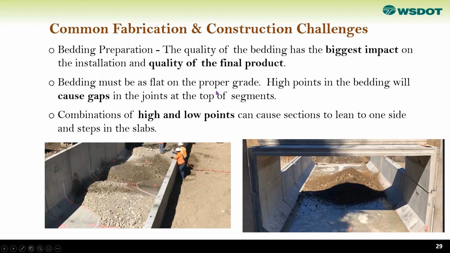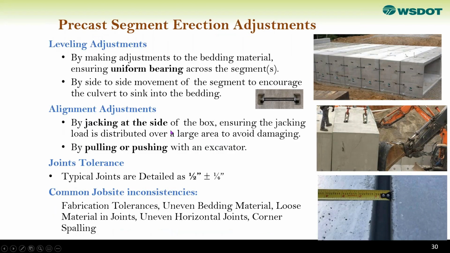Bedding must be flat at the proper grade. High points in the bedding cause gaps in the joint of the top segment, and a combination of high and low points causes sections to lean one way or the other, and a step in the slab. So the bedding material is very important, very competent bedding material, and flat.